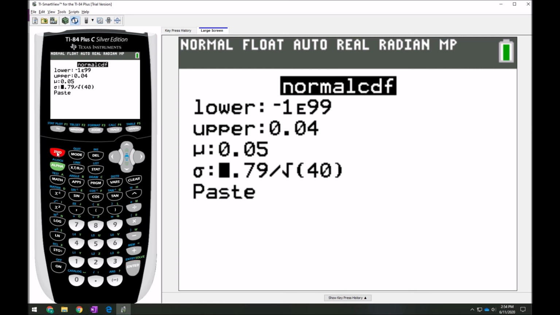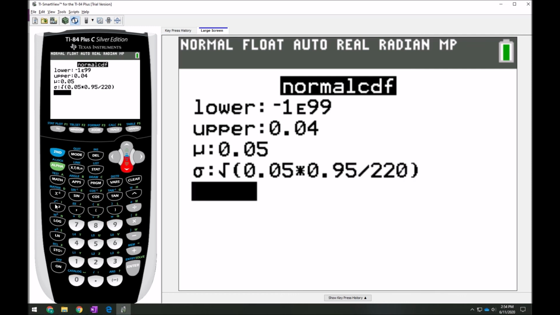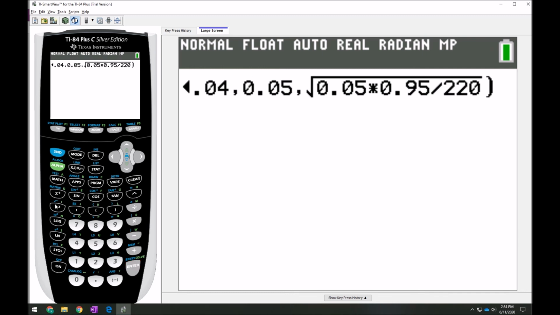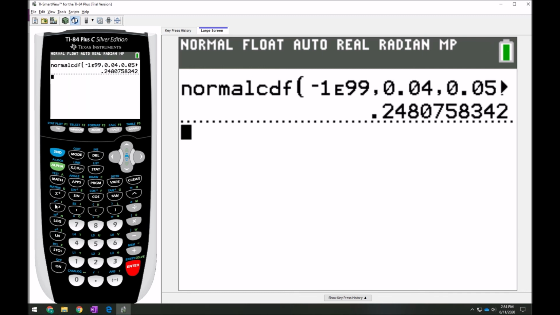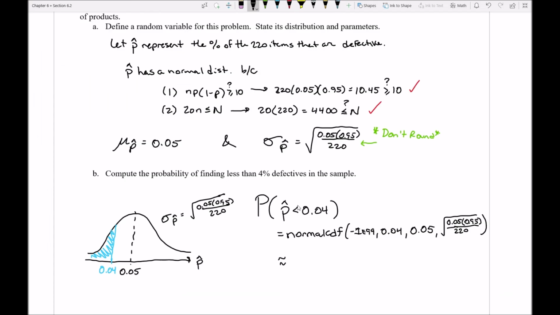And notice here I'm going to have to do square root 0.05 times 0.95 divided by 220. I paste that, hit enter, and I get a value of 0.2481. Great, so this is it. Hopefully this feels unbelievably similar to everything we did with normal distributions in the past.